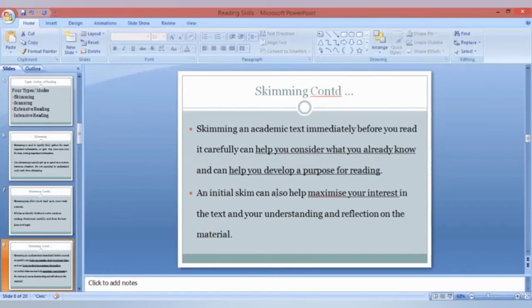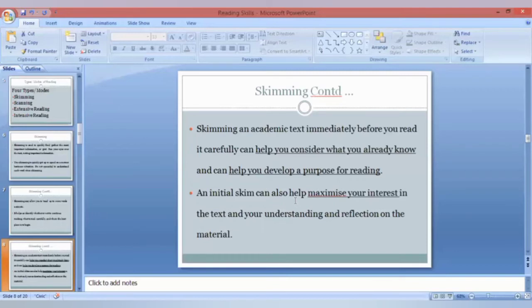An initial skim can also help maximize your interest in the text and your understanding and reflection on the material. It helps you increase your interest in the text. It depends on whether the text you are reading is of interest to you or not.